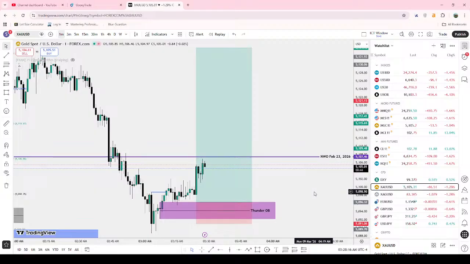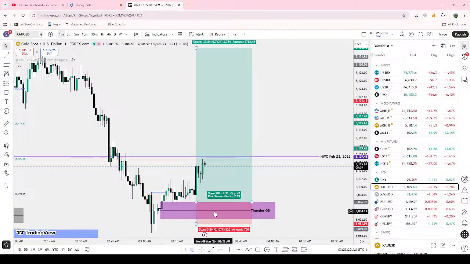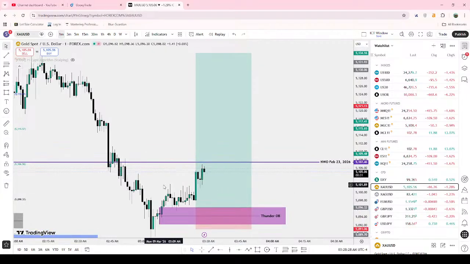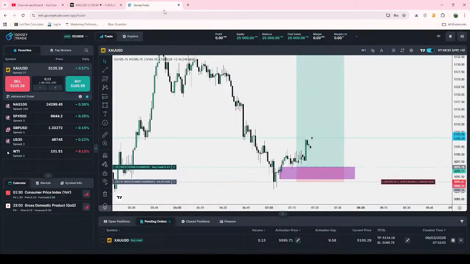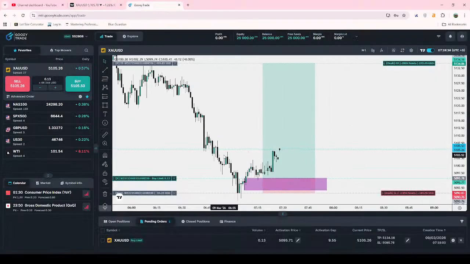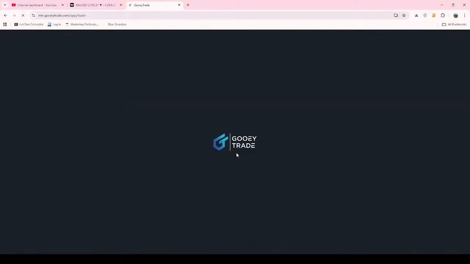So we are now looking for another tap into this order block, this other OB, so that we can get into this trade. This is a problem with my chart, it prints candles that are not even there.